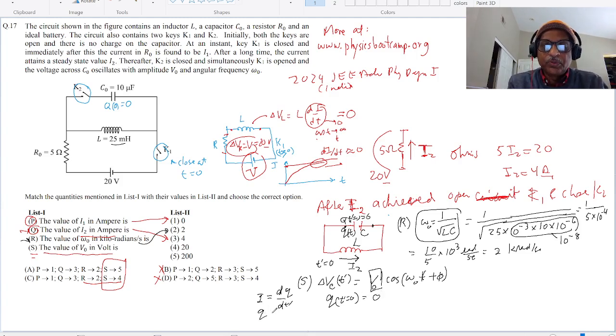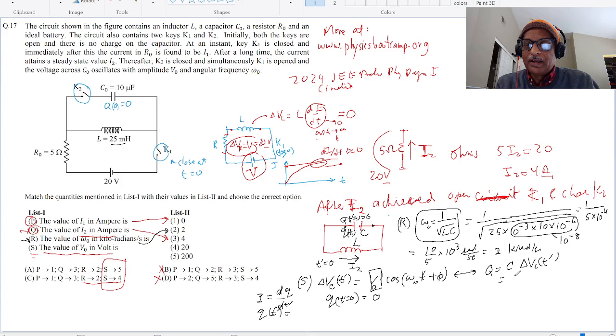And Q will also at any particular value of time be, Q equals CV, so Q equal to C times delta VC of t prime. So it's going to be C V0 cosine omega naught t prime plus phi.